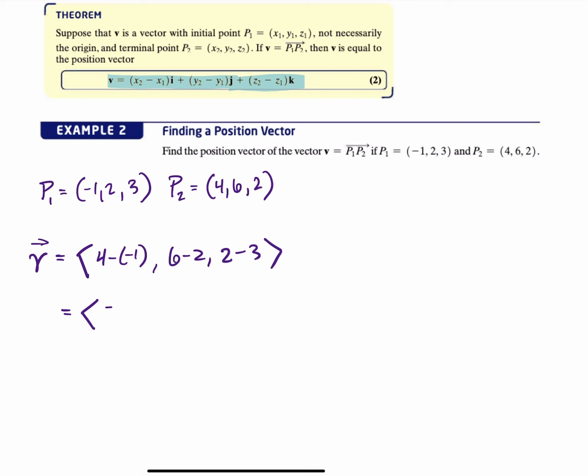So that would give us 5, 4, negative 1. And in ijk form, that would be 5i plus 4j minus 1k.